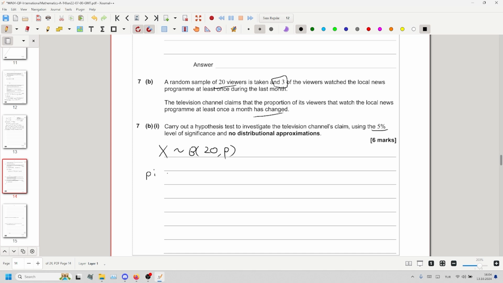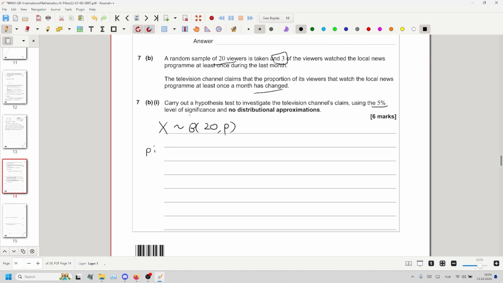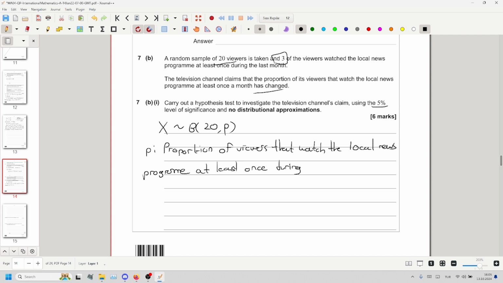Here P is going to be the percentage, the proportion of viewers that watch the local news program at least once during the last month.